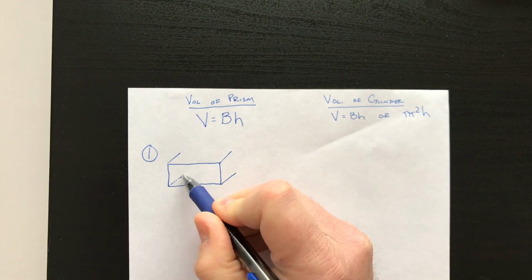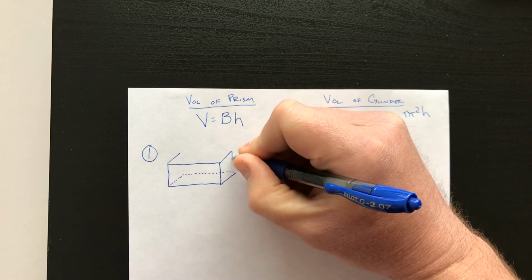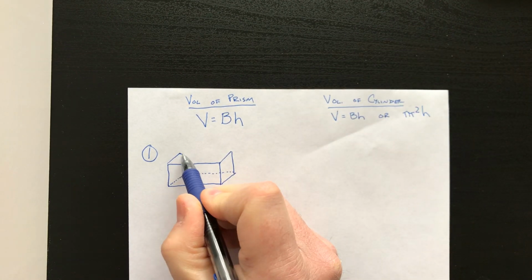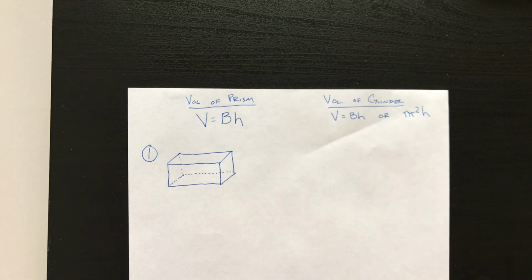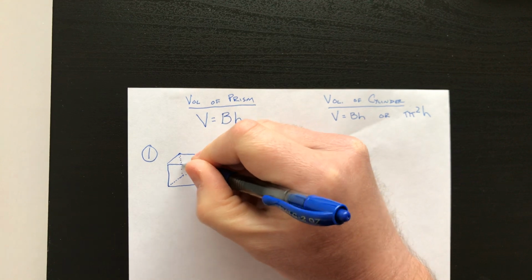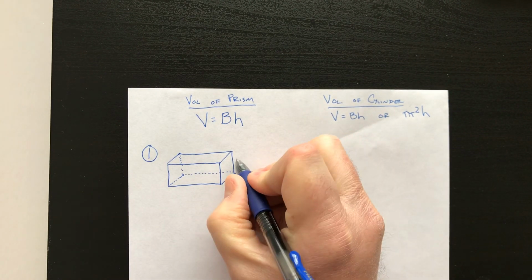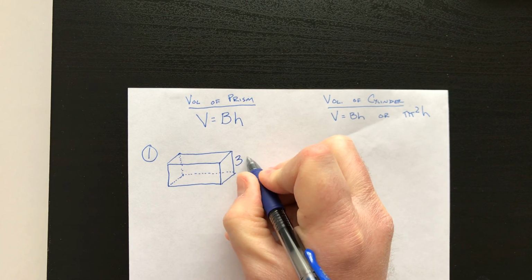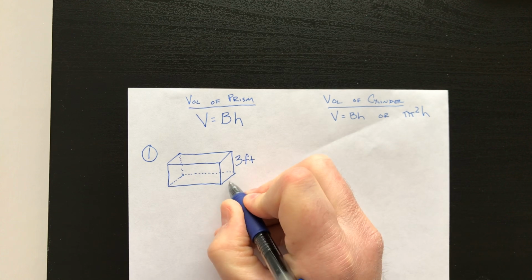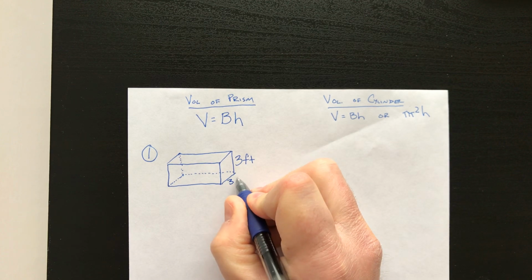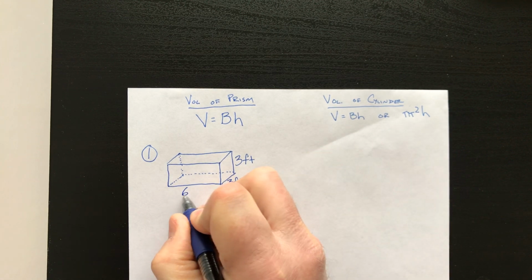Obviously the dotted lines are the lines that we really shouldn't be able to see if this was a solid figure. So there's our rectangular prism, okay? And they give us some pieces of information. They tell us that the height is 3 feet. This depth here is going to be 3 feet as well. And the length is 6 feet.